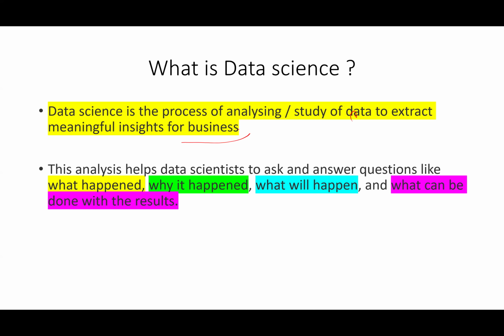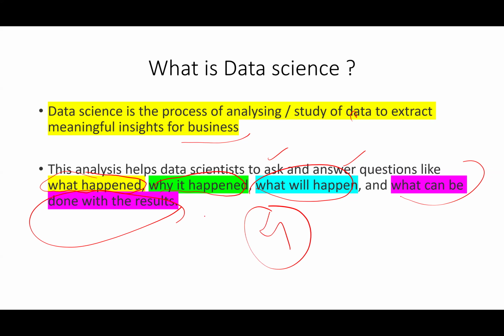This analysis also helps data scientists ask and answer questions like what happened? That is descriptive analytics. Why did it happen? That is diagnostic analytics. What will happen? Predictive analytics. What can be done with the results? That is prescriptive analytics. So it is the work of a data scientist to perform all these four types of analytics.